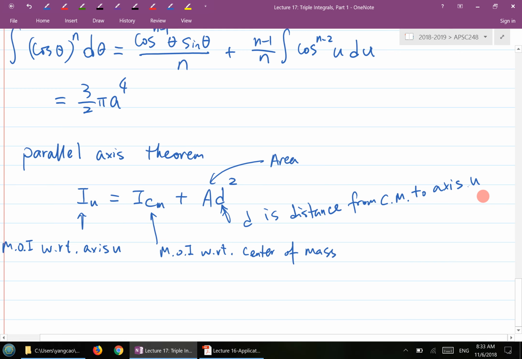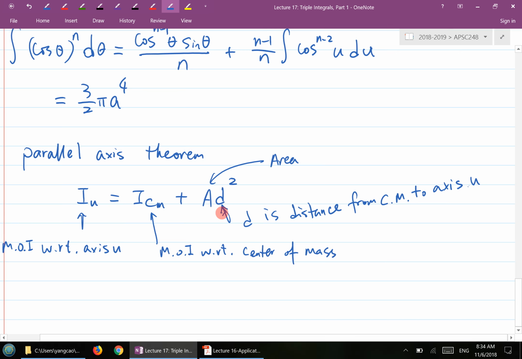So that's the parallel axis theorem. This one often comes in very handy if you have the quantity for moment inertia about its center of mass. And then all you need to do is look at the distance between the axis u and the center of mass axis and its associated area.